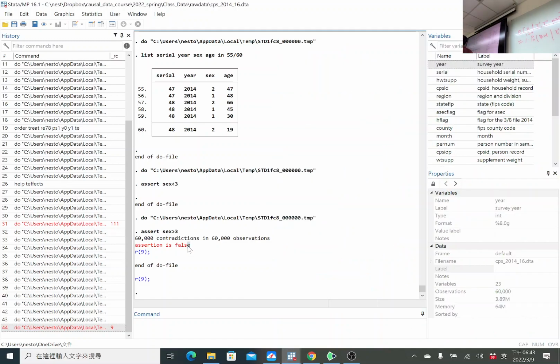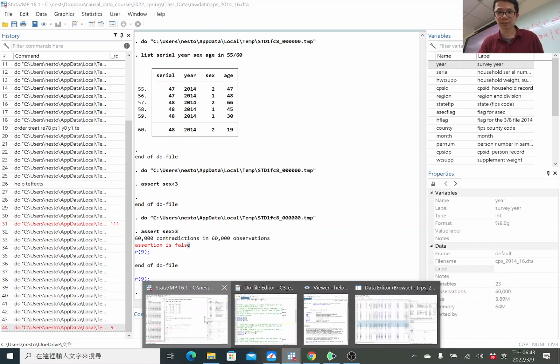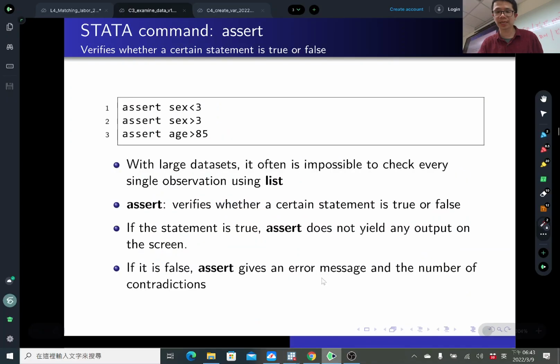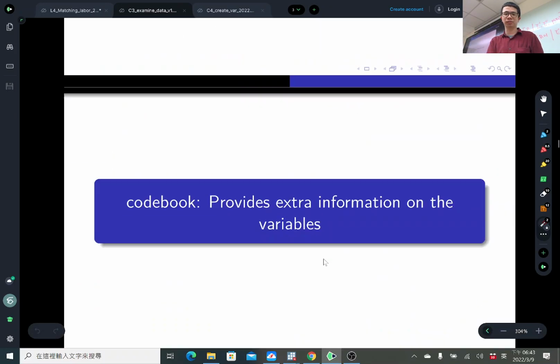For example, here it says this observation is false. That means no one has sex equal to 3 or bigger than 3. So this can help you check the data. It depends on your applications.